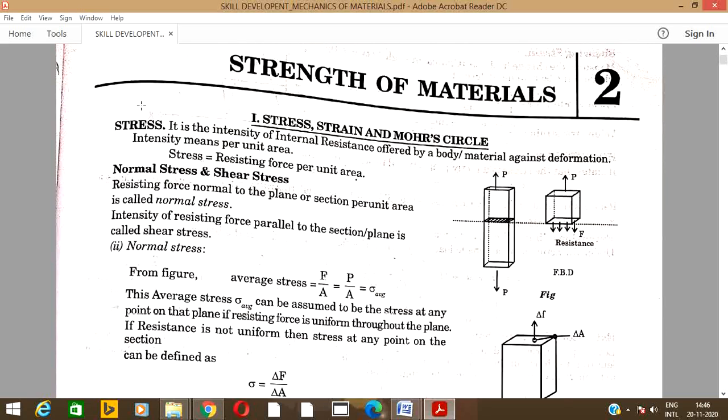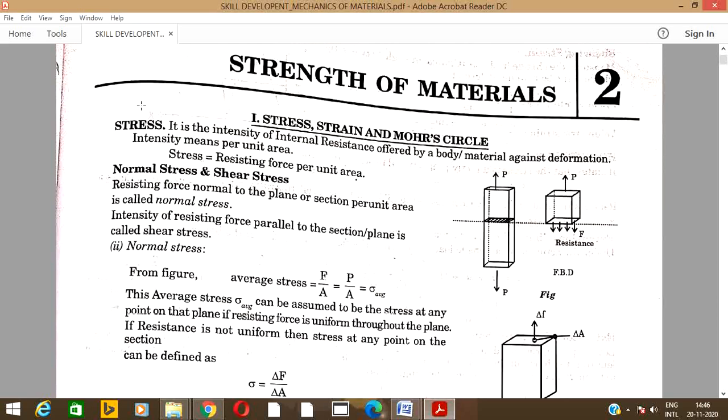That is the internal resistance developed due to the external forces applied on the body. This internal resistance will reduce the deformation of the body. If the material or component has higher internal resistance, it will resist deformation.